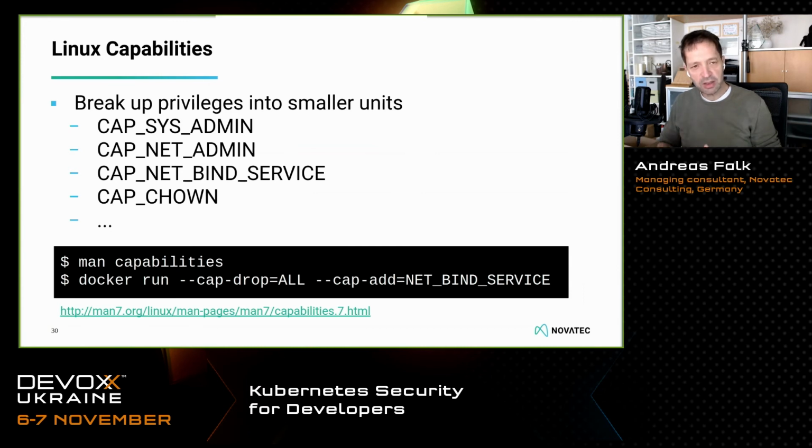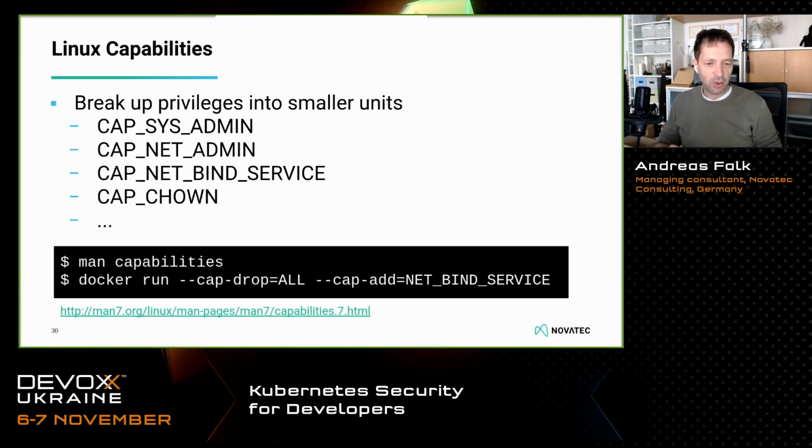Now with Linux capabilities, you can fine-tune the privileges that you have. So even for a normal user, you could set some capabilities on a file or a thread, and then give some other privileges in addition to the standard ones. By default, files or threads that do not have any capabilities run by a standard user have none, but you could easily add, for example, the capability called net bind service to a process.